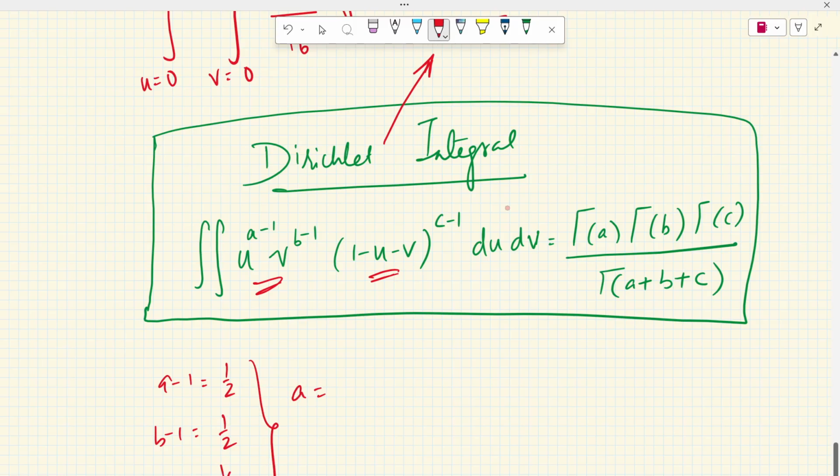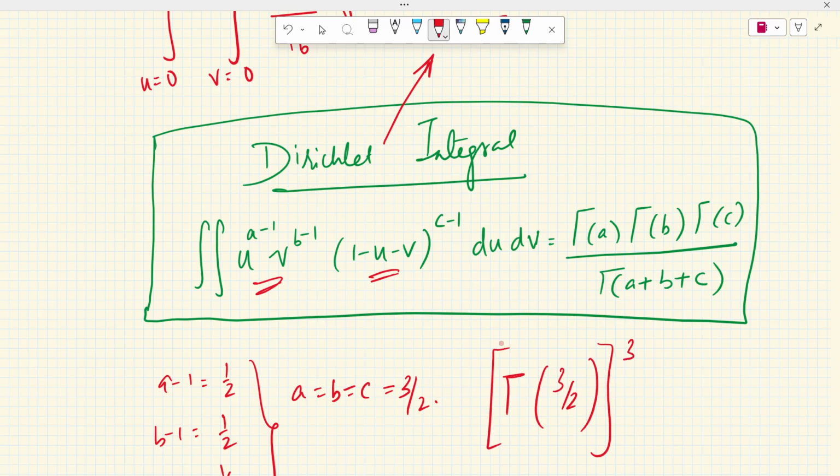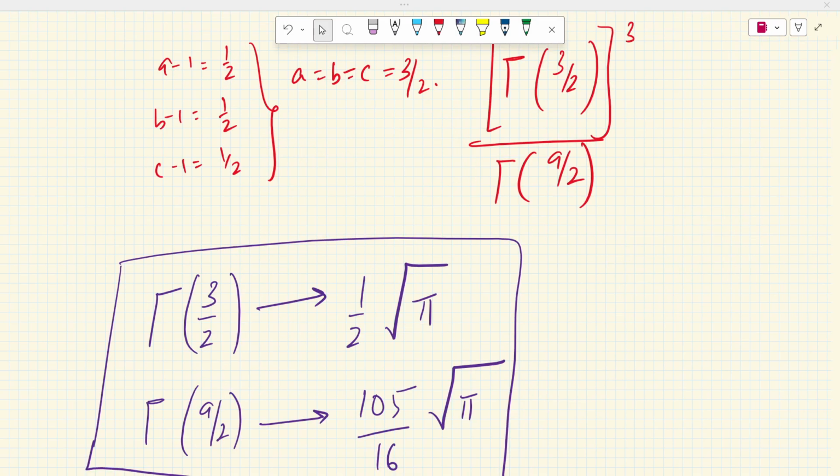So all the three terms as per the Dirichlet integral are equal to 3/2. So therefore our expression will just evaluate to gamma 3/2 cubed divided by gamma 9/2. Now you can look up these gamma values online and then just substitute.